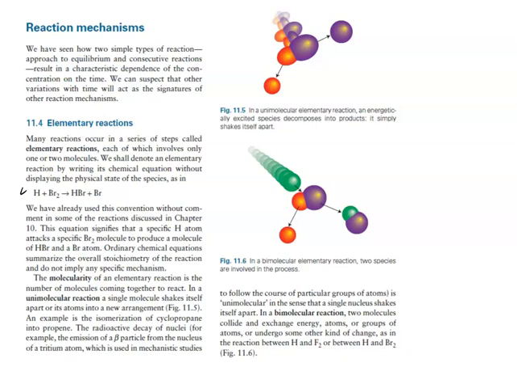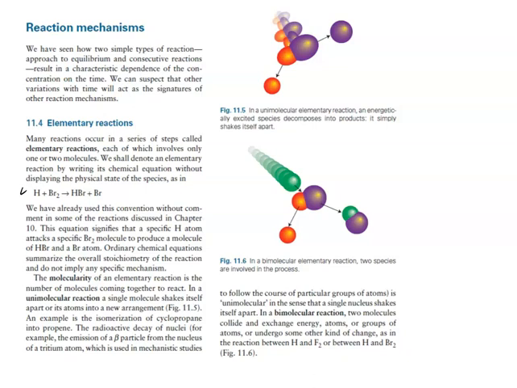The molecularity of an elementary reaction is the number of molecules coming together to react. In a unimolecular reaction, a single molecule shakes itself apart, or an atom, into a new arrangement, which is what we're seeing in figure 11.5 in the top right.